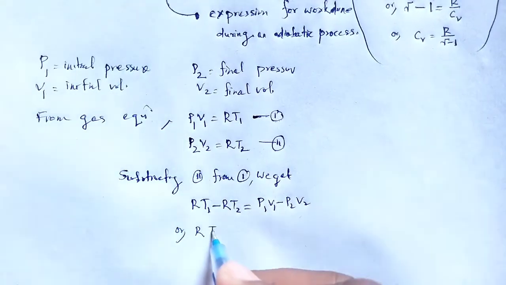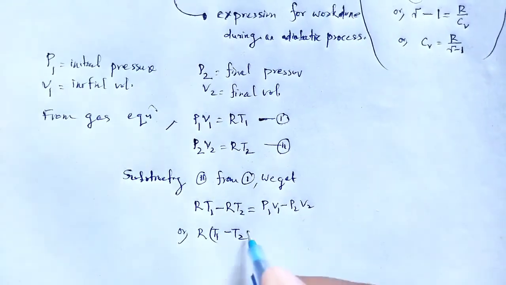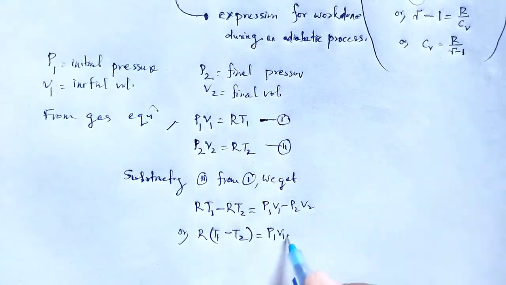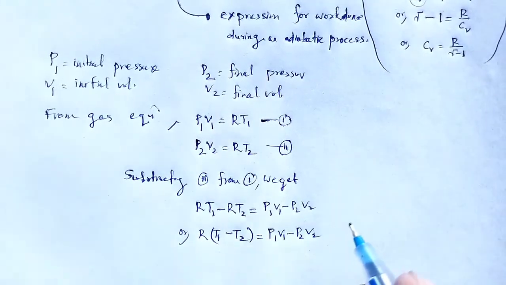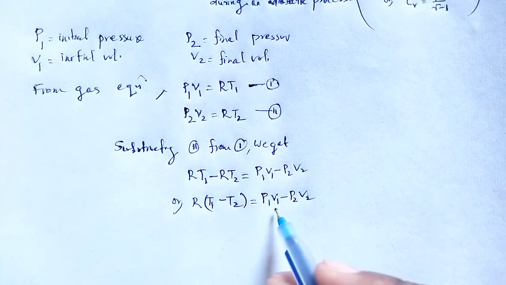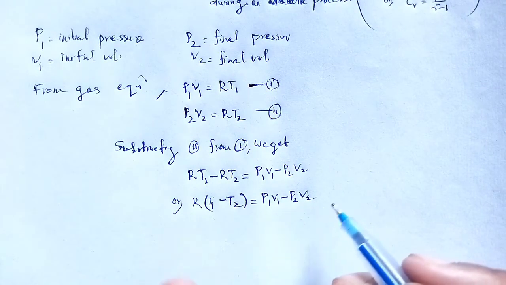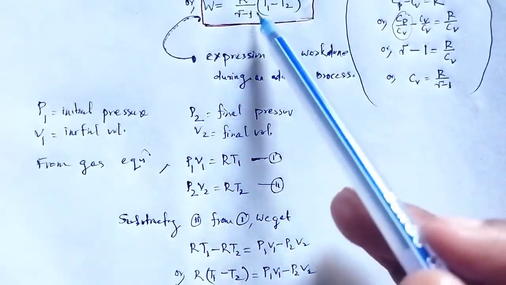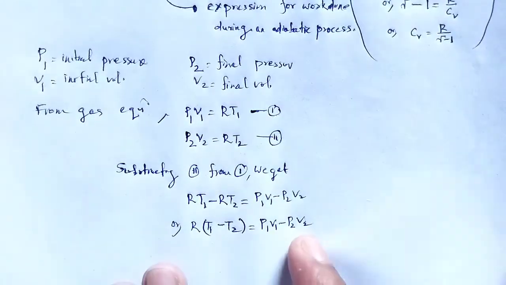Here taking R common, R times T1 minus T2 is equal to P1 V1 minus P2 V2. So here in place of R times T1 minus T2 I can substitute that one.